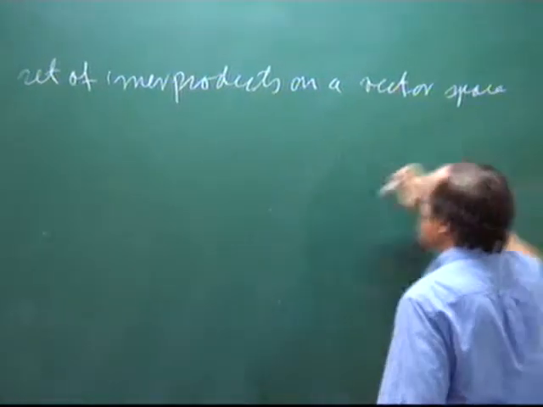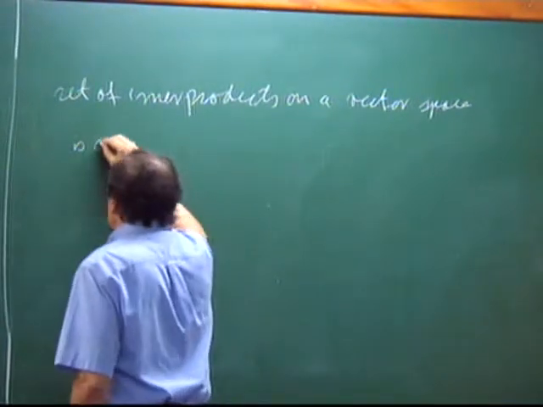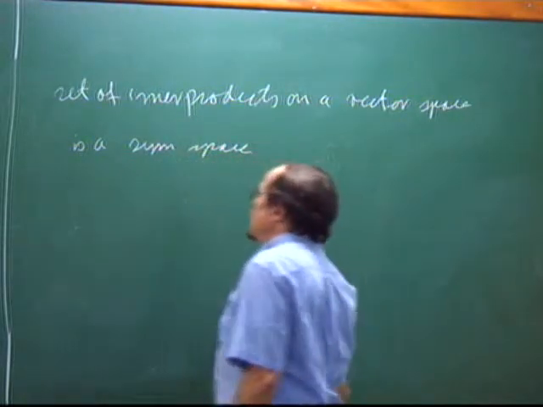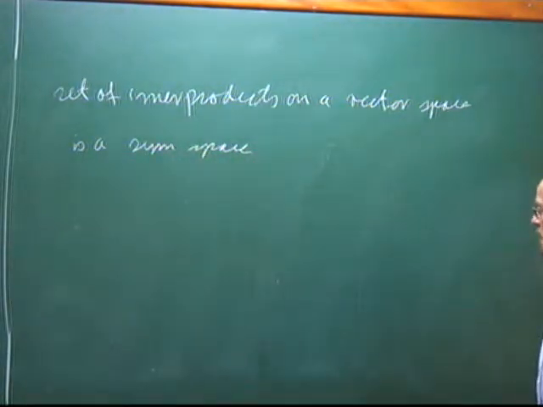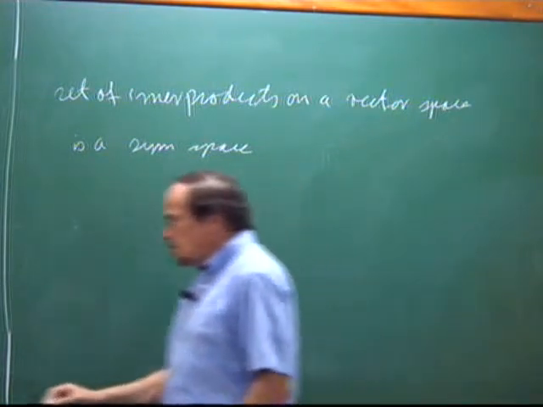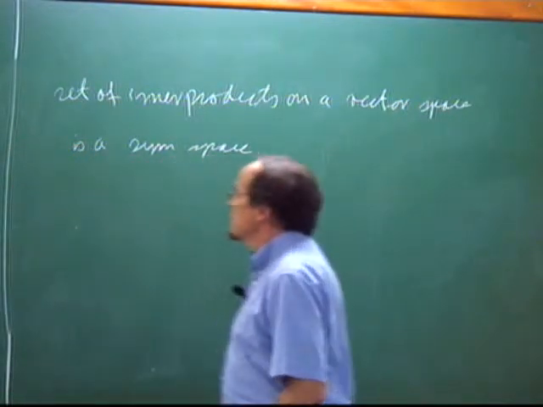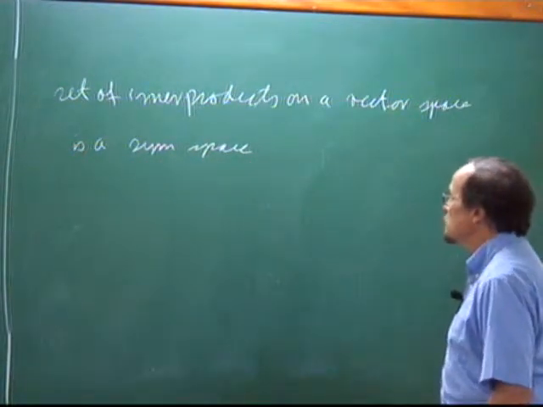So the set of Euclidean inner products on a vector space is a symmetric space. So let's quickly discuss this one. This is a prototype of a symmetric space that's not compact. All the previous examples were compact. Here's what something that's not compact looks like.